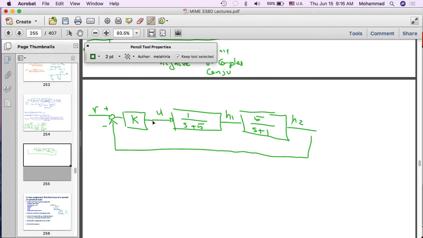So what you need is to look at the library so you can bring what you need. So what do you need? You need a summation sign.